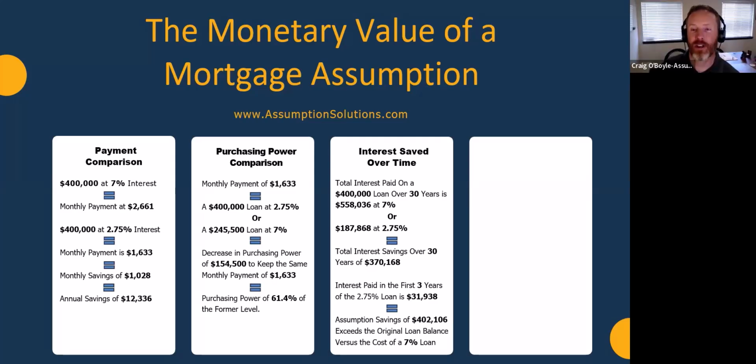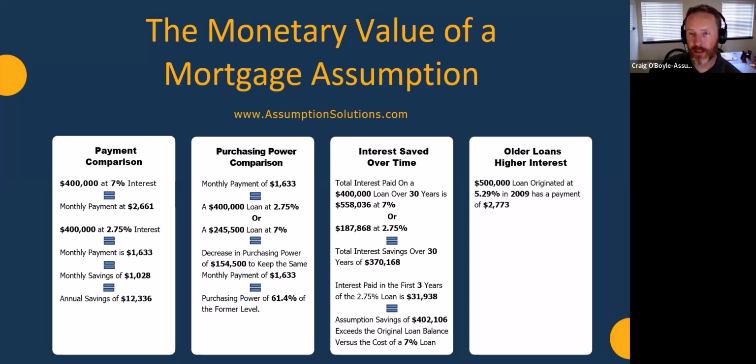The last column here I'll talk about is an actual example of a deal, but it's not what most people think about. Most people are thinking, oh, I want to get that lowest rate and that lowest payment. This was different. This was an older loan and it carried a higher interest rate, but I want to show why this might also be something a lot of people should look for and consider.